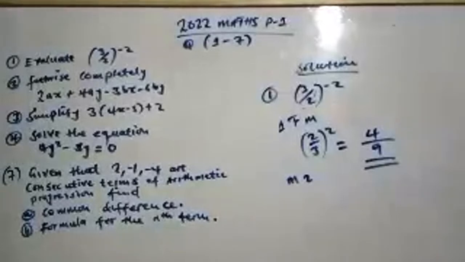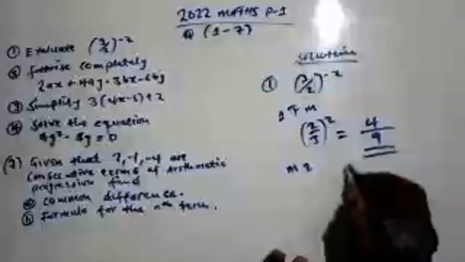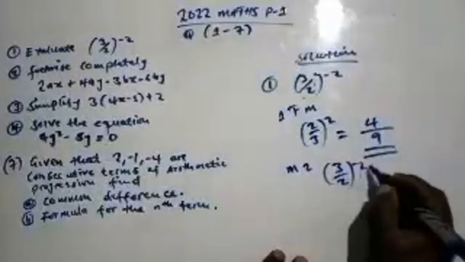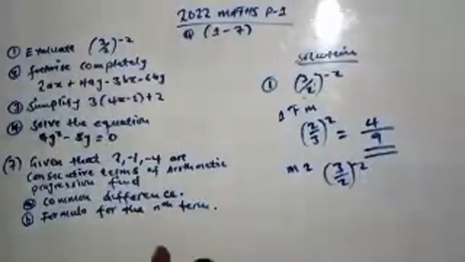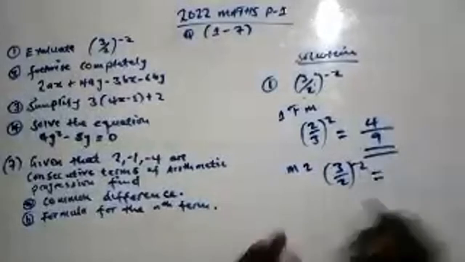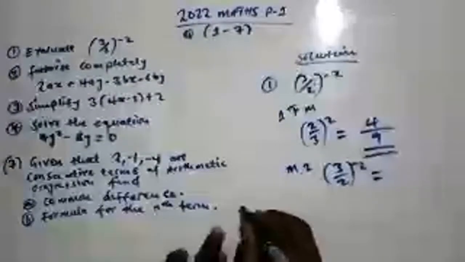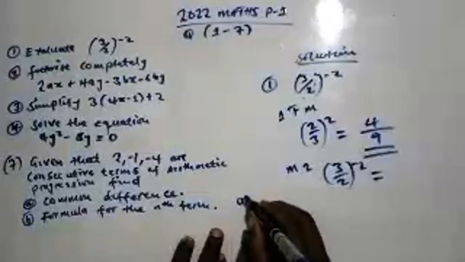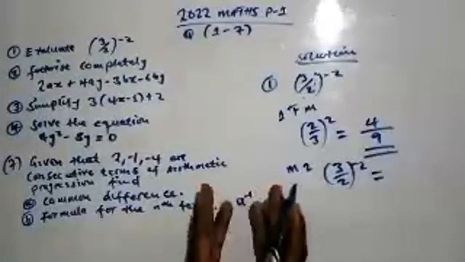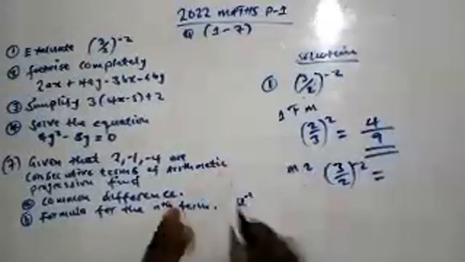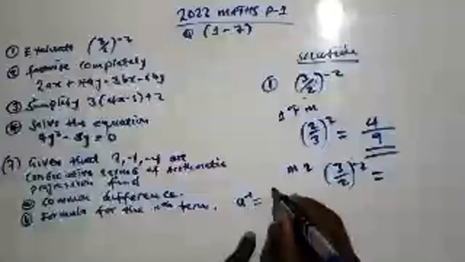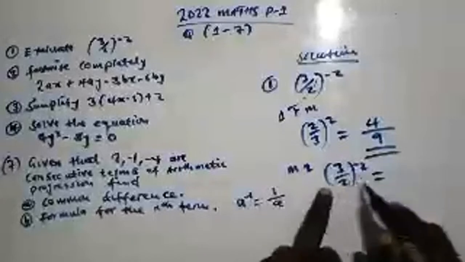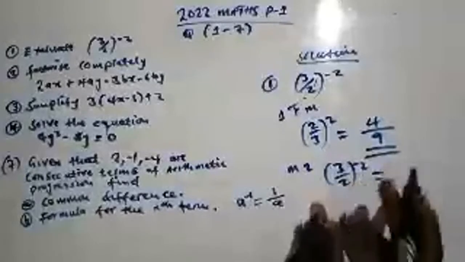Method 2, it is said that we have 3 over 2 the power minus 2. It is said in indices, whenever you have, let's take for instance, a to the power minus 1, if you want to take this kind of indices in positive, it will be 1 over a. So we're going to do the same thing here, because we're having a power of negative.